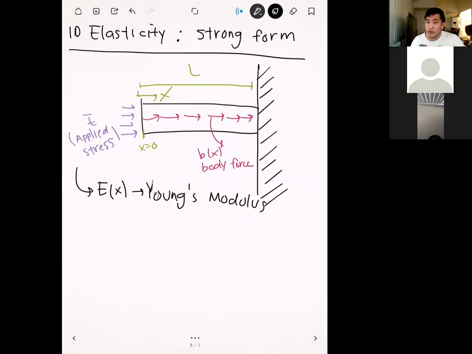Now we're accounting for the fact that the Young's modulus can change throughout the length of the truss element. And then same thing for the area. A of x right here represents the cross-sectional area of the truss element.